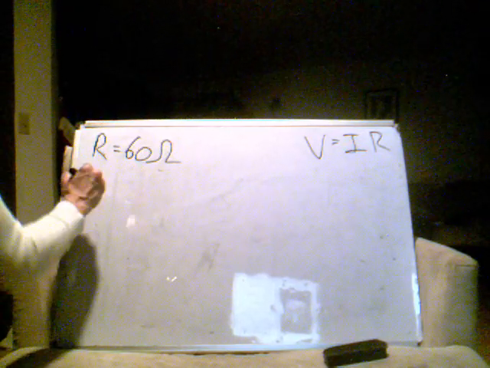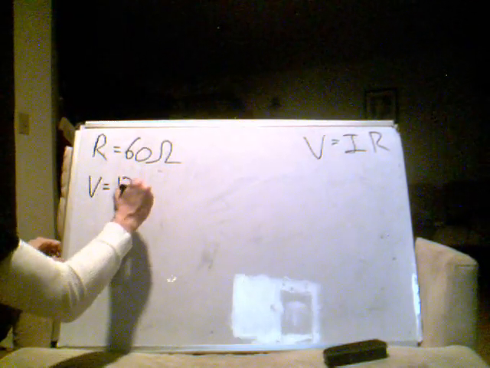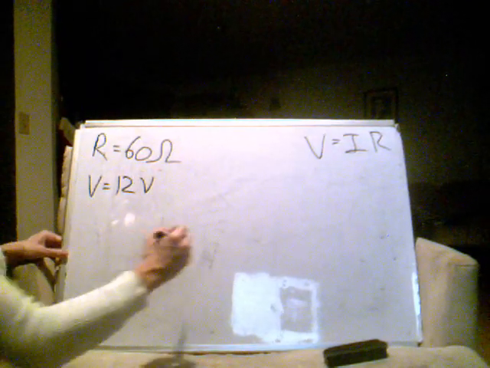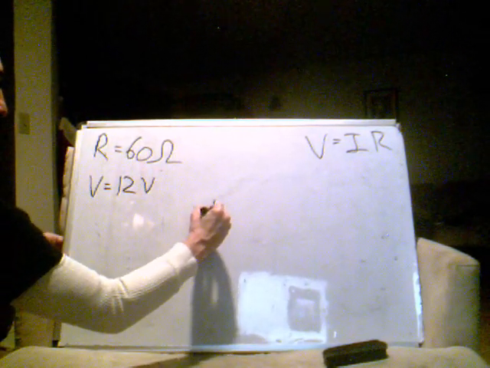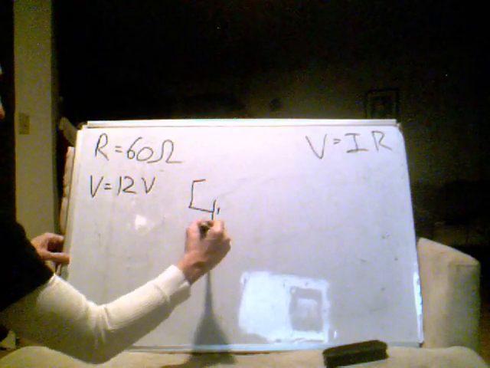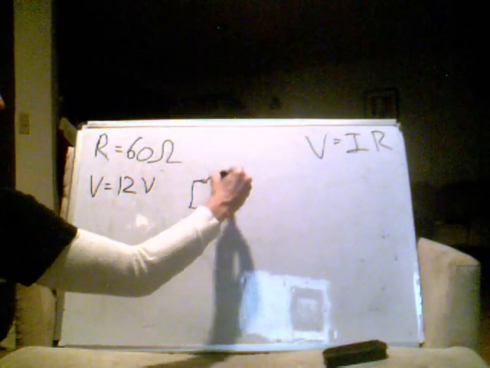Now, let's say that you have a resistor of 60 ohms. And let's say that you have a voltage source of 12 volts. So here's our voltage source, V, and here's our resistor, R.